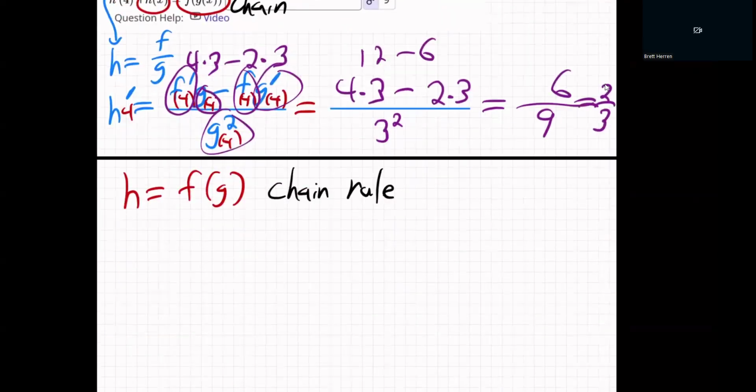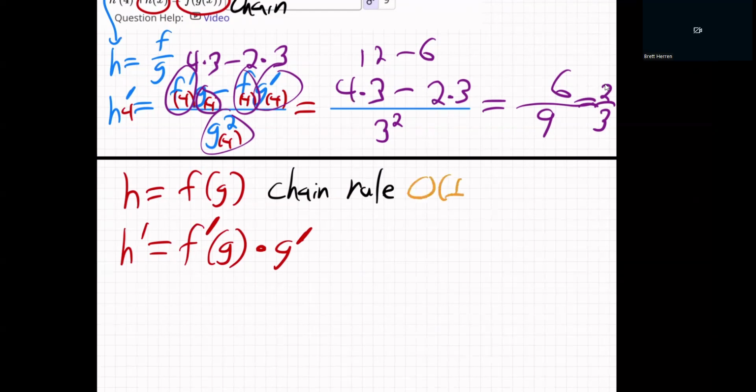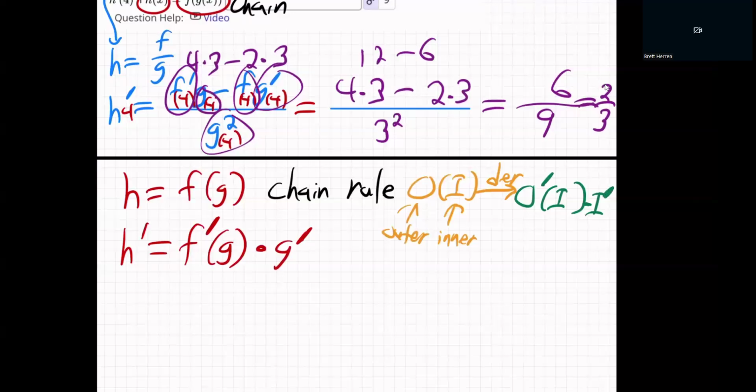So how do we do that? Well, the derivative in that case is you do the derivative of the outside function, keep the inside the same, times the derivative of the inside function. That's the chain rule. I normally write it out and say, if you have an outer and an inner, the derivative is the derivative of the outside function, inside the same, times the derivative of the inside function.